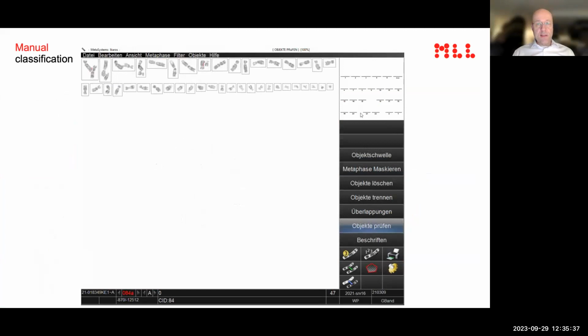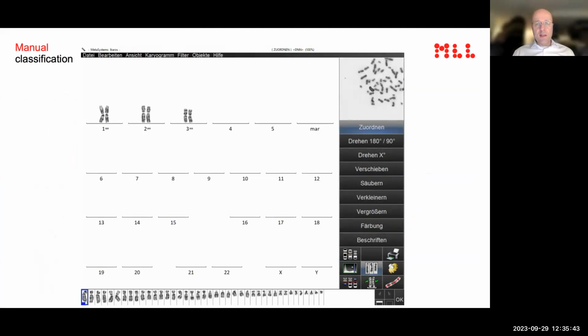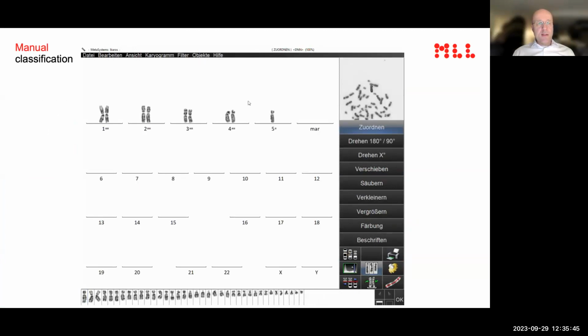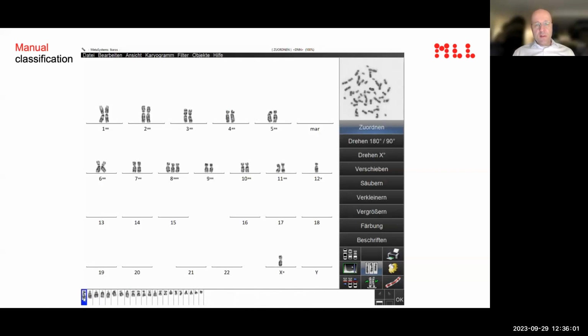This is separating the chromosomes into single chromosomes, which had not been perfectly done by the software provided by a cooperation partner here. Then the technician has to manually sort the chromosomes, and this takes some time. As I said, she's a very experienced one, and she's able to do this within about 45 seconds.